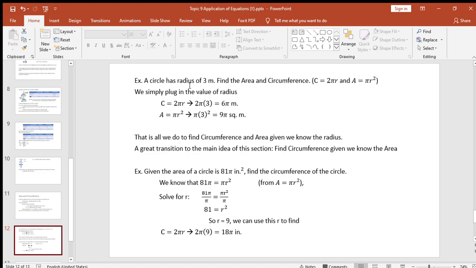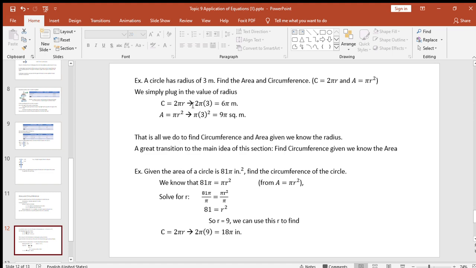Let's say we have a circle of radius 3 meters. We're going to find the area and circumference. Again, the formulas will be given to you. So we're just going to plug in 3 for r. Let's start with circumference. Circumference is 2 pi r.